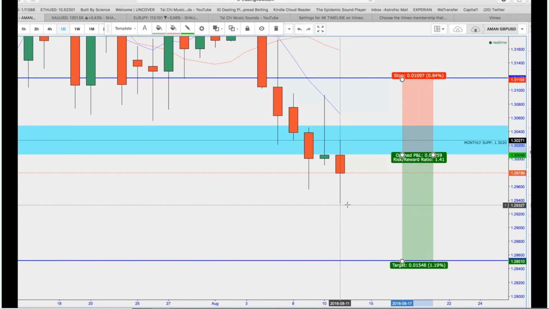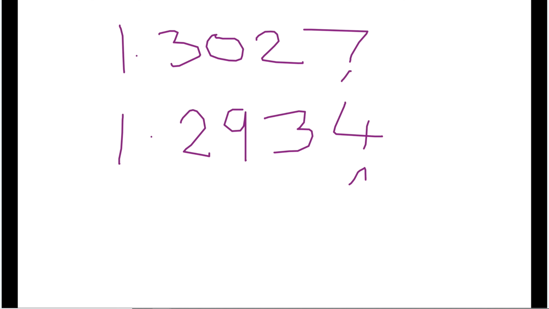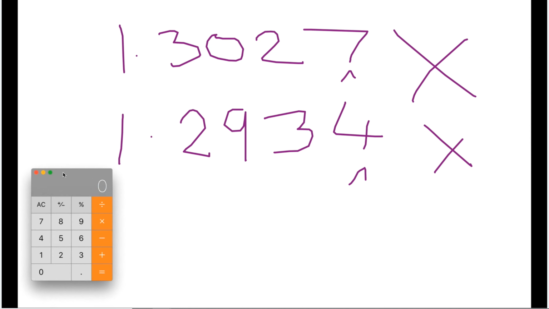The low of the day, what did I say it was? 1.2934. Again, focus is on the 4th decimal. Ignore the 5th decimal on TradingView. It's okay. For those people who struggle, simply start with getting a calculator.